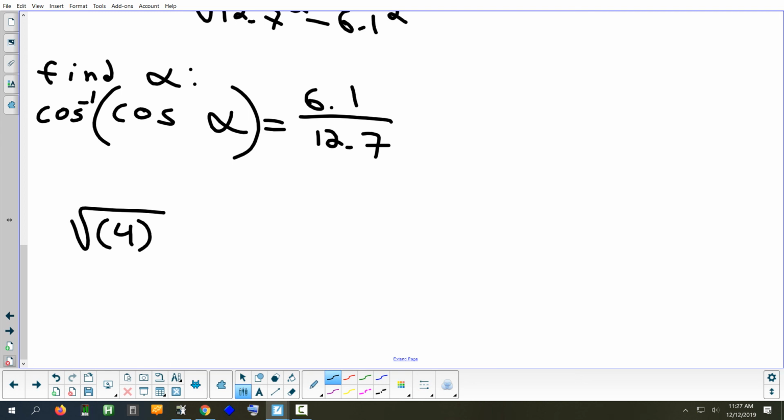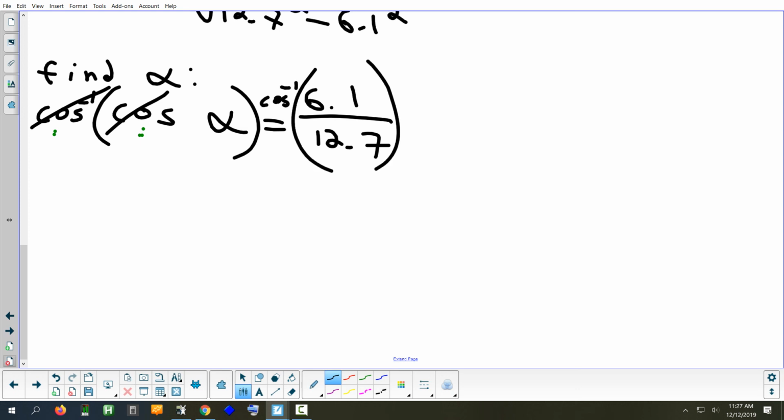The parentheses are just there to define the argument to the inverse cosine function. And the argument is the cosine function. When you plug cosine into inverse cosine, it's like plugging square into square root. It cancels out. I don't really have enough room, but I'm just going to squeeze it in over here. Take the inverse cosine of that.